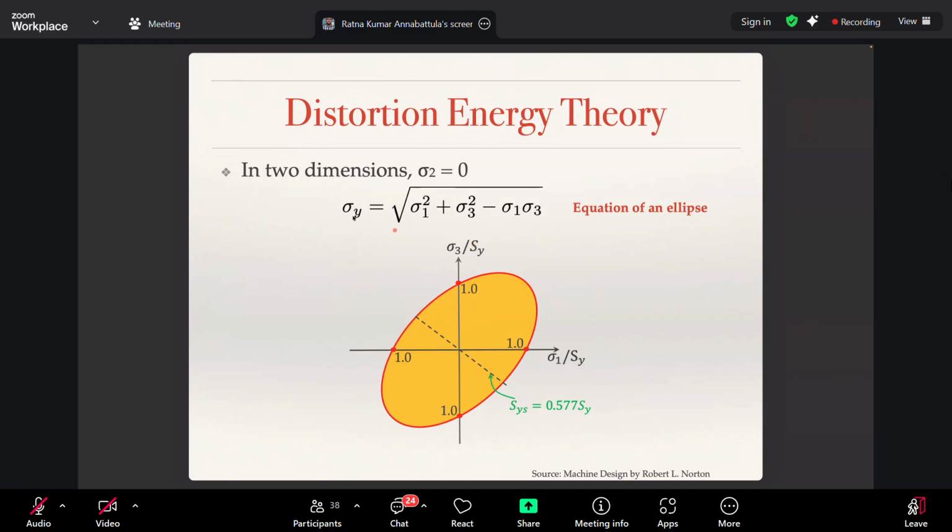So instead of plotting with respect to sigma 1 and sigma 3, I am normalizing with sigma 1 by sy and sigma 3 by sy. Then the ellipse looks like this. So this is what we call yield surface or yield locus. Any stress state on this ellipse is actually plastically deforming. Is it clear or are there any questions here?